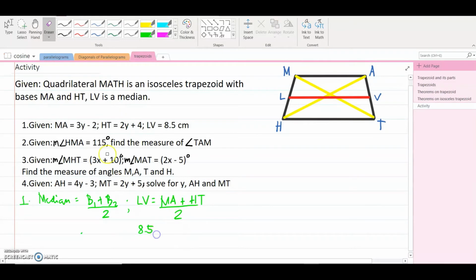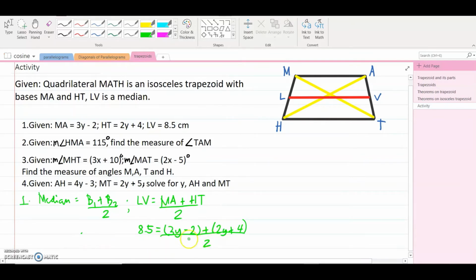So 8.5 equals, our MA is 3y minus 2 plus 2y plus 4 divided by 2.